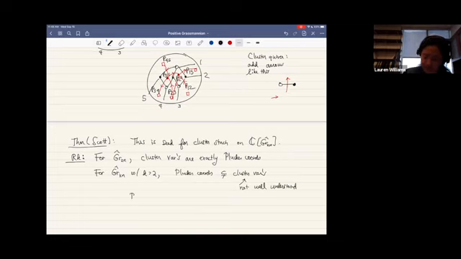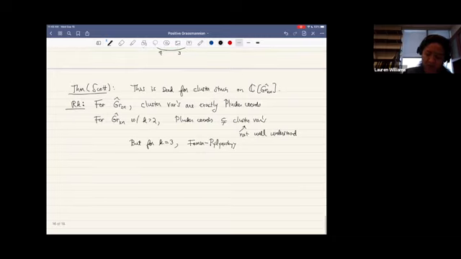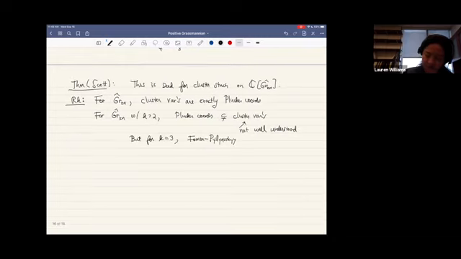But in the case k equals 3, there's some very interesting work of Fomin and Pylyavskyy, which gives a conjectural description of those cluster variables.